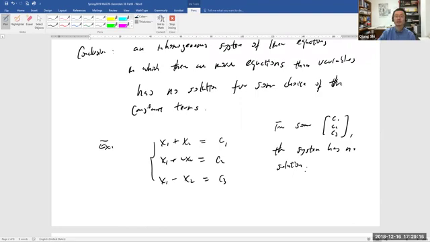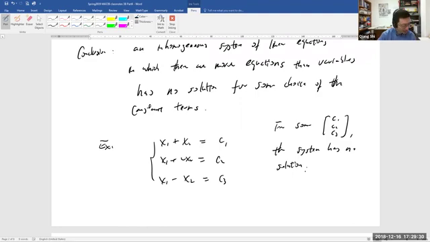If c2 is non-zero, like 5, there's no solution. So what we're saying is not always no solution, but at least there is a choice of c1, c2, c3 such that the system is inconsistent.